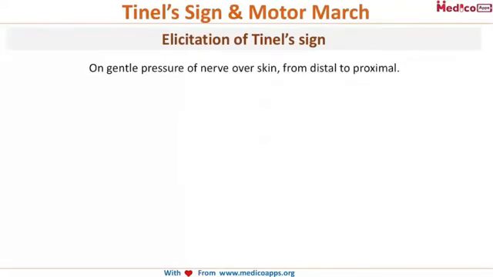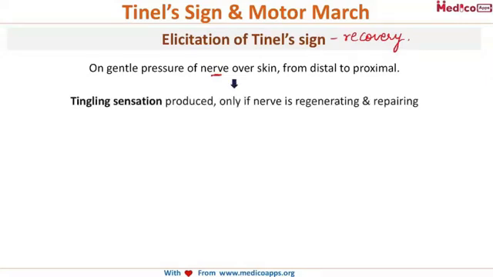Elicitation of Tinel sign is used to check the recovery of the nerve fiber. It is used to test whether the nerve is regenerating or not. So, how do you test it? On gentle pressure over the nerve on the skin of the patient from its distal end to the proximal end, the patient will experience a tingling sensation.